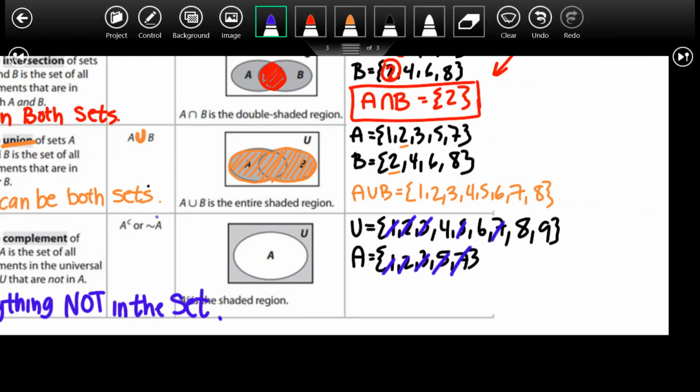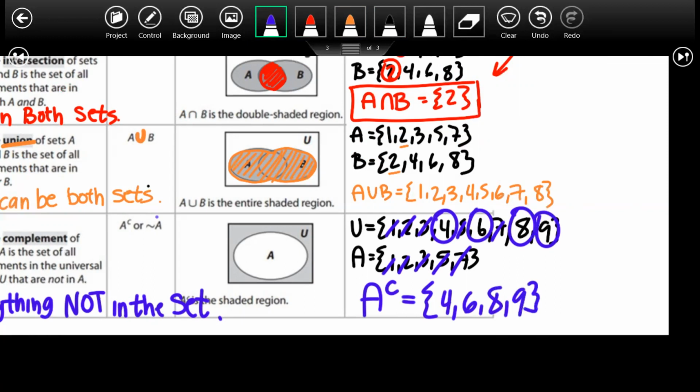So that leaves me with the remaining terms. This is 4, 6, 8, and 9. A complement is everything else that is not in A. Everything that's not in A. Not just including set B, everything. Everything, we're using all the numbers we chose so far. Everything that's not in A. Is this easy or hard to understand?